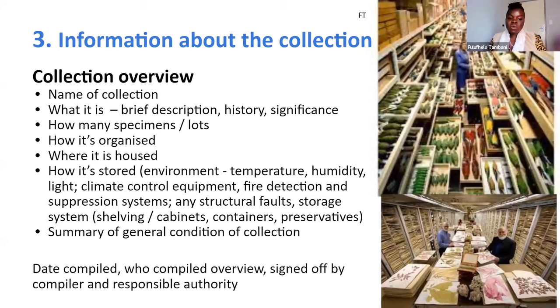How is it stored? So the environmental conditions of it, the environmental indications, so the temperature that it's under, the humidity that it's under, the amount of light that it's exposed to, the climate control equipment that you have in the collection to keep it safe, fire detection systems that you have in the collection, and suppression systems.